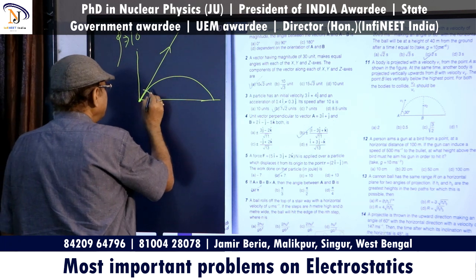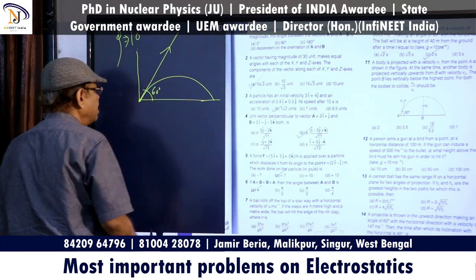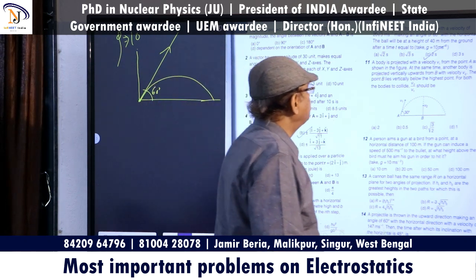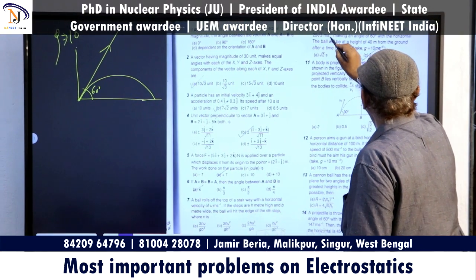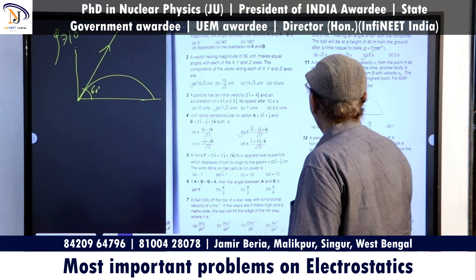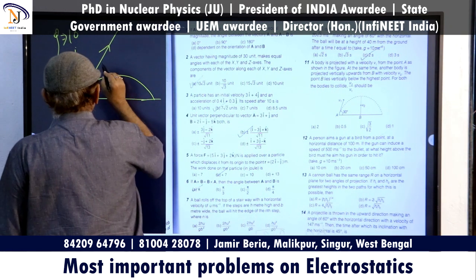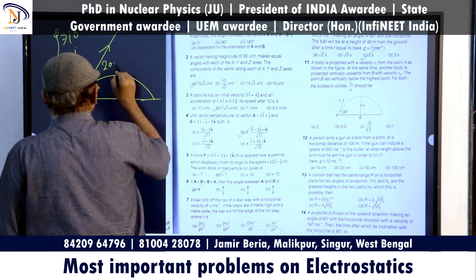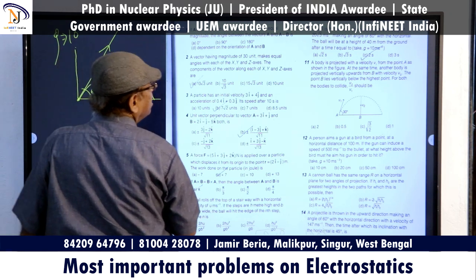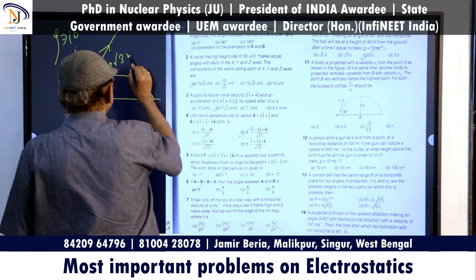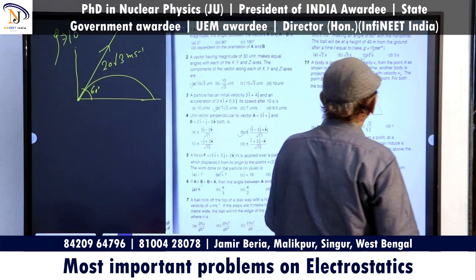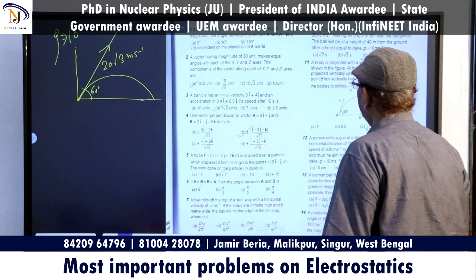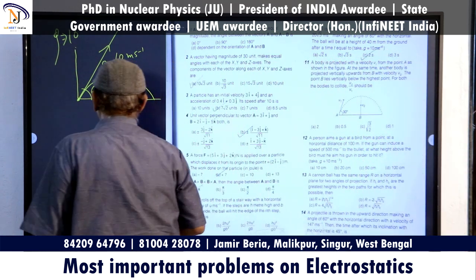This is 60 degree, and what more information have they given? A velocity 20 root 3, this is 20 root 3 meter per second. Okay, and the ball will be at a height 40 meters.